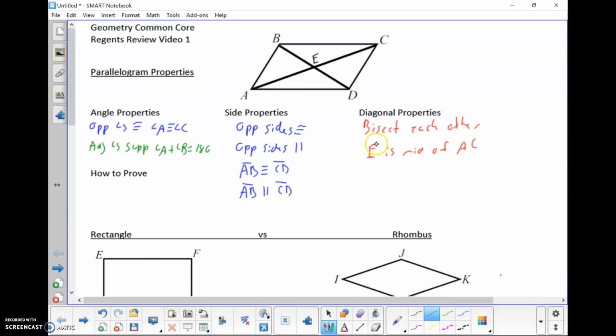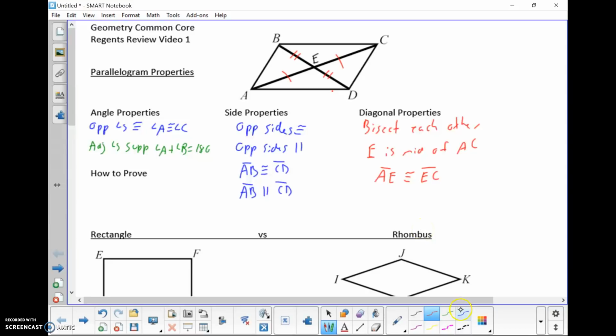That's what we're saying, that they cut each other in half. So AC is being cut in half, and what you get from that is AE is congruent to EC. Diagonals are bisecting each other. And the same thing for BD. Now, BD is cut in half, but it's going to be a different measure than AC is. The diagonals are not congruent in the parallelogram.